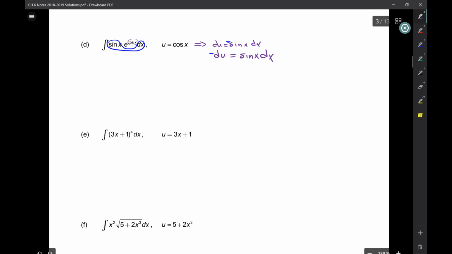Okay? So now what happens here? Sine of x dx is negative du. And then I still have e to the u. So it's the same, just with a negative out front. So then this is going to be negative e to the u plus c, negative e to the cosine x plus c.